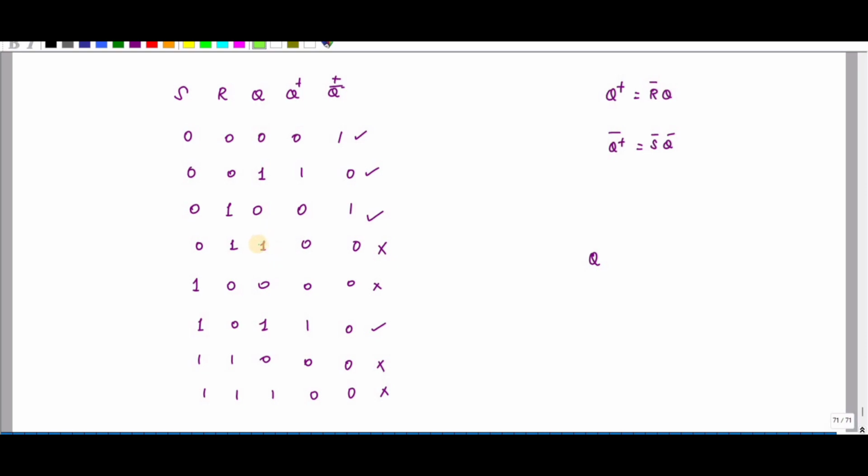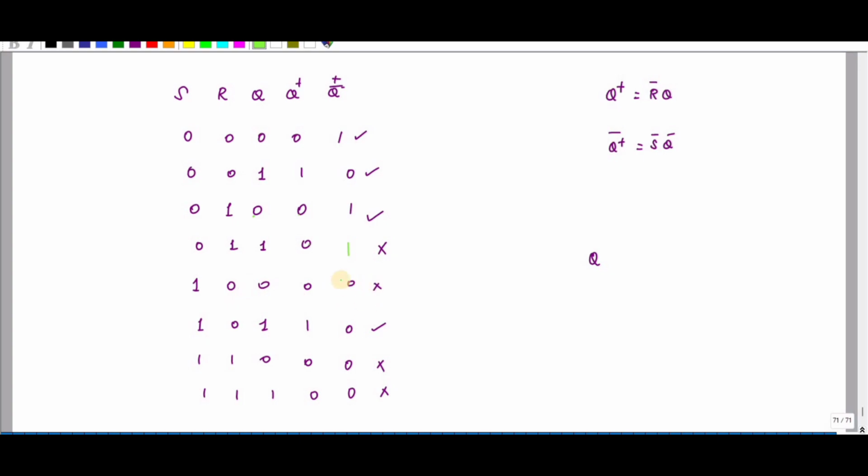If the present state is 0, it will go to 0, and the next state will go to 1, right? So for this condition, you can see if the present state is 0, the next state value is 0, and for the next value the present state will be 0, right? The next state will go to 0 and 1. So I can change this one to 0 to 1.